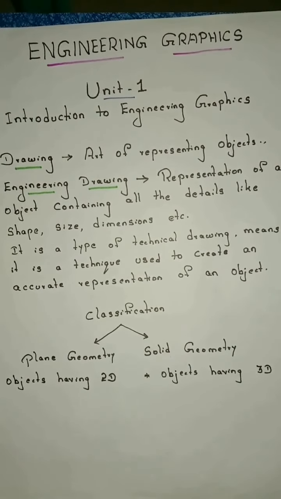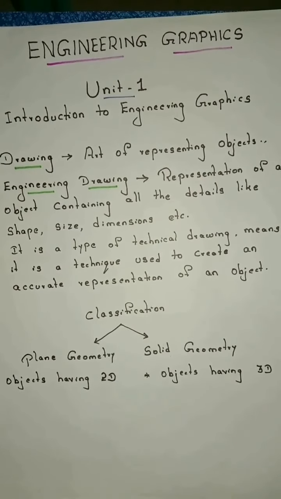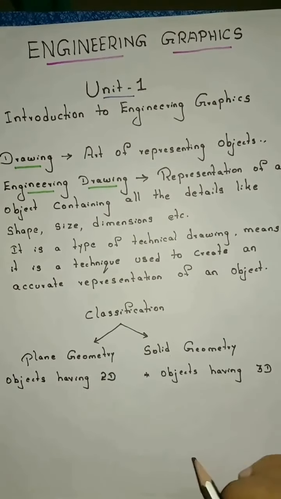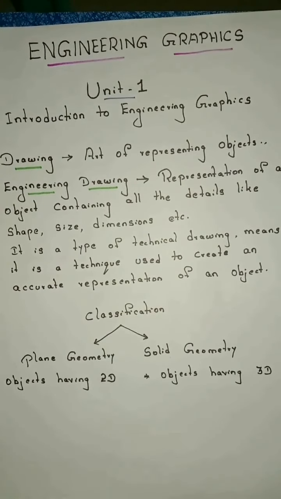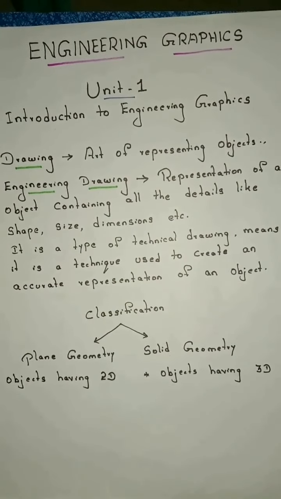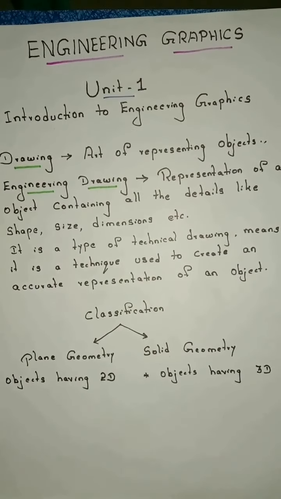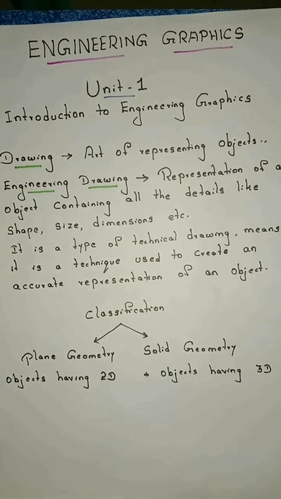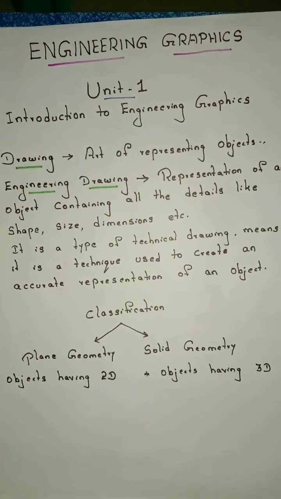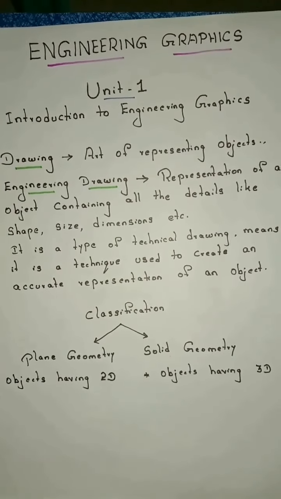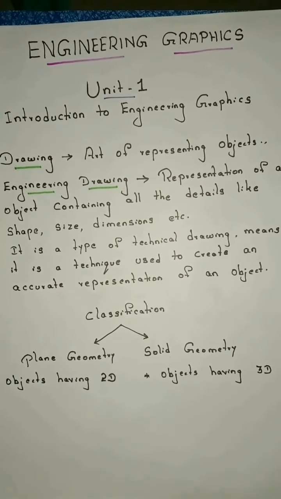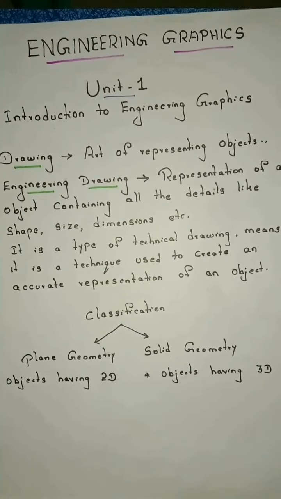It may be long or short. How do they design all that? First they draw on paper how much the length will be and how much the width will be, with correct measurements and dimensions. After that only they design all the clothes. So engineering graphics is useful in all streams: ECE, EEE, CSE, IT.